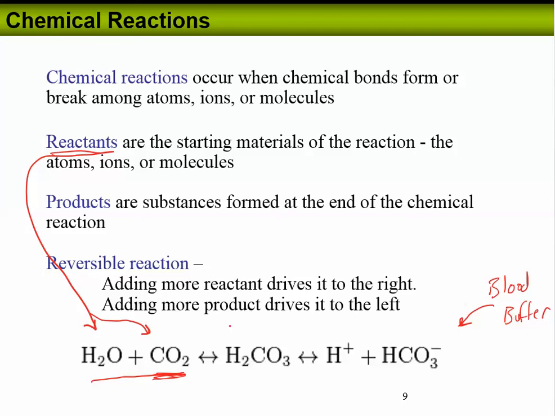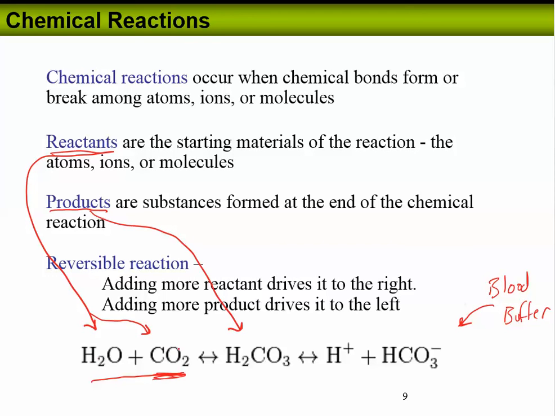They form a product. In this case, this is a product here. So when you have a buildup of carbon dioxide and plenty of water, we would say that carbon dioxide is the rate limiter.